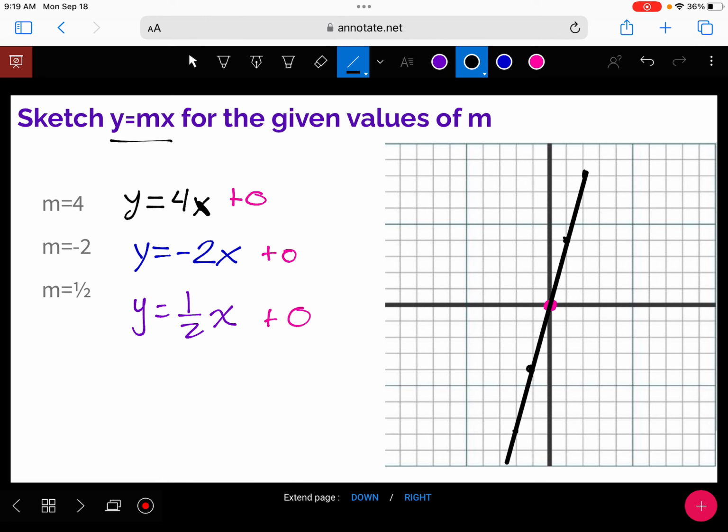And we connect them. So kind of a quick slapdash line. Not super specific. A line. I recommend doing all these lines on the same graph.